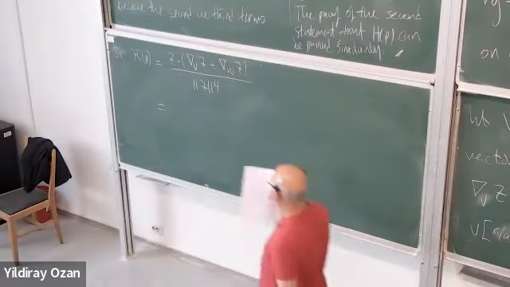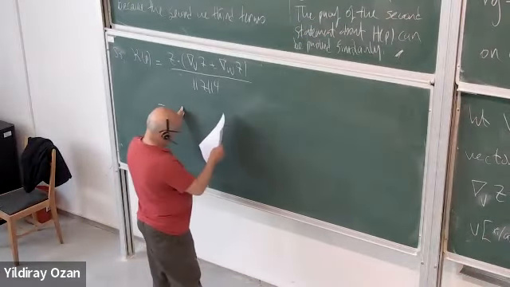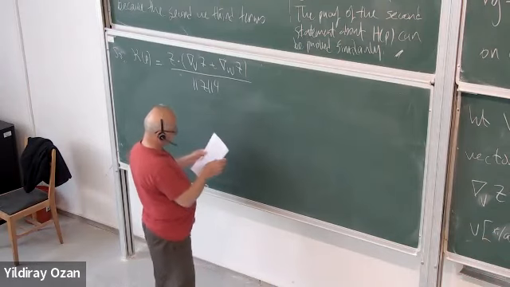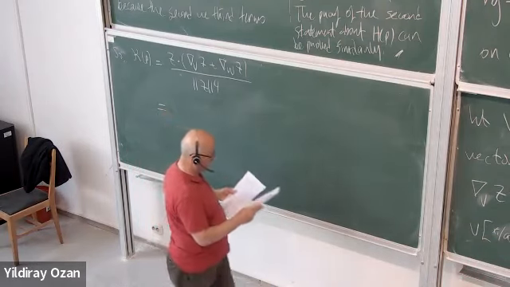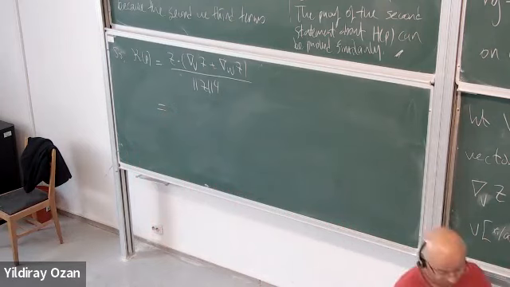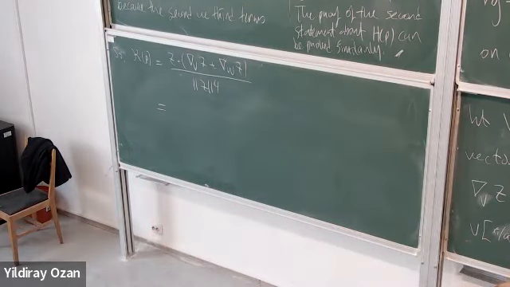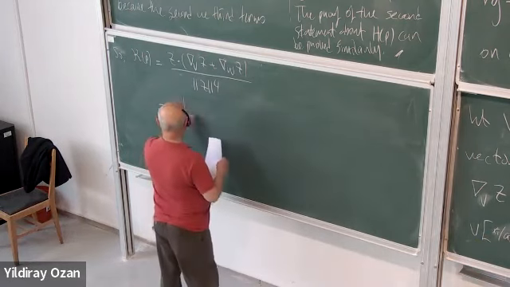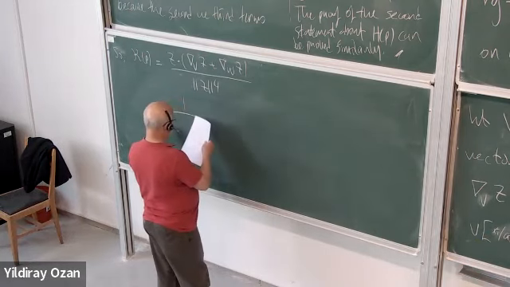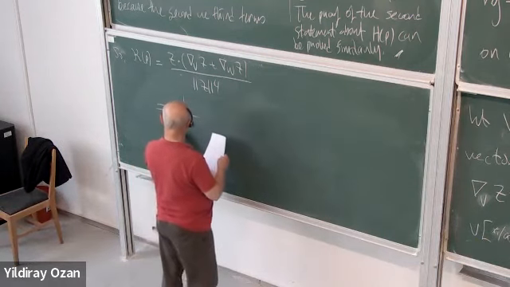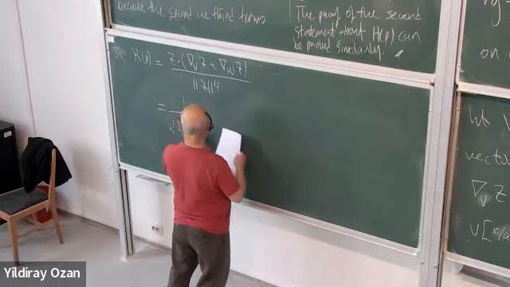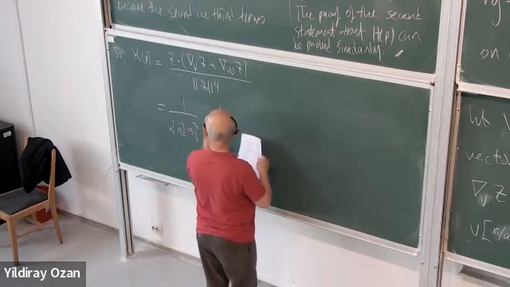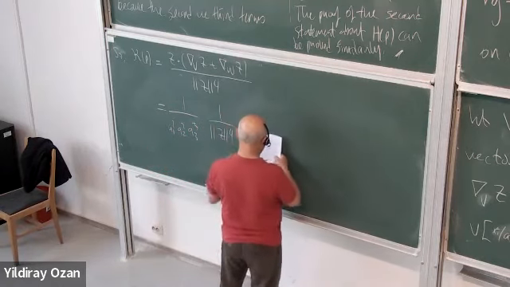And now I take that one and put it here. So, 1 over a1 squared, a2 squared, a3 squared, and norm z squared.